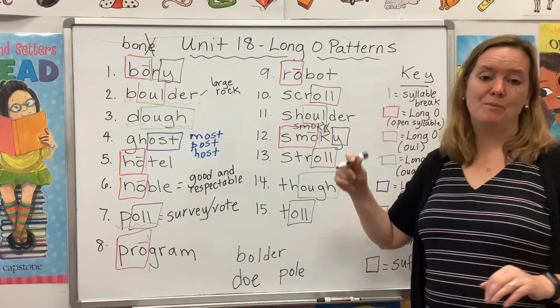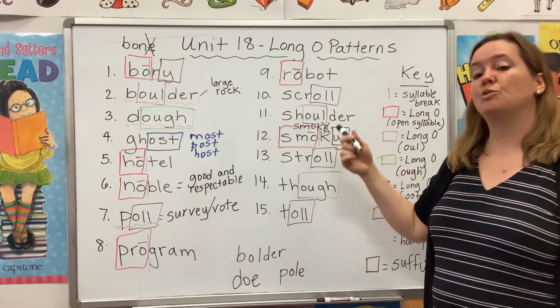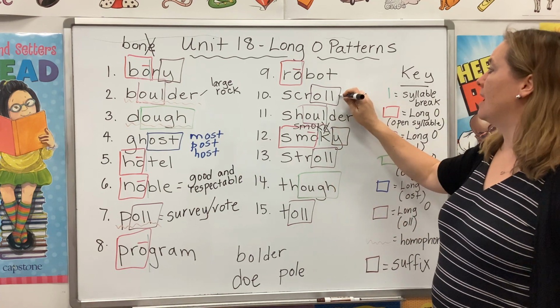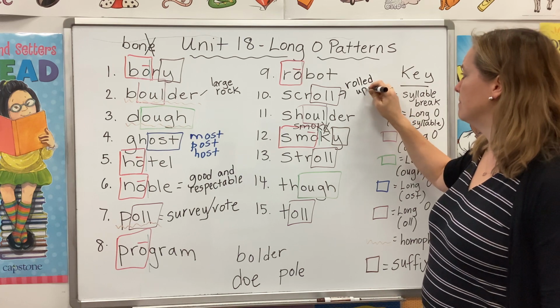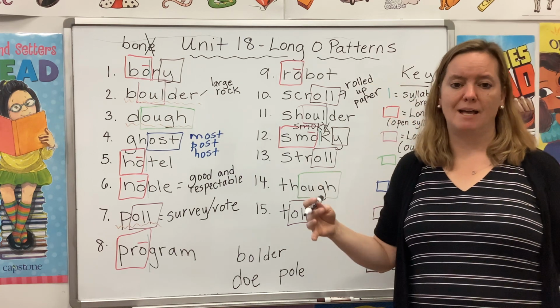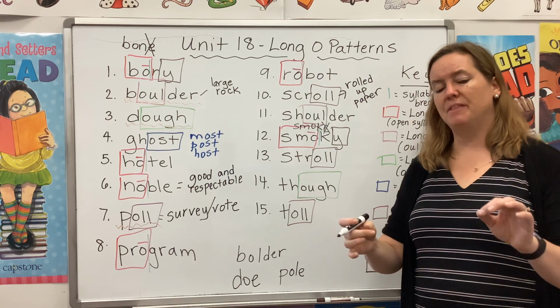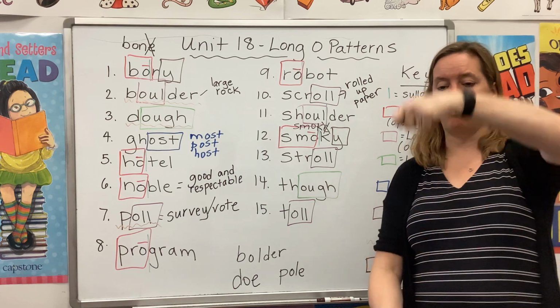A robot would be an electronic creature. I bet you guys know that. A scroll is rolled up paper. So in the olden days, before they had printers, they might write something out on paper and then roll it up, and that would be a scroll, right?